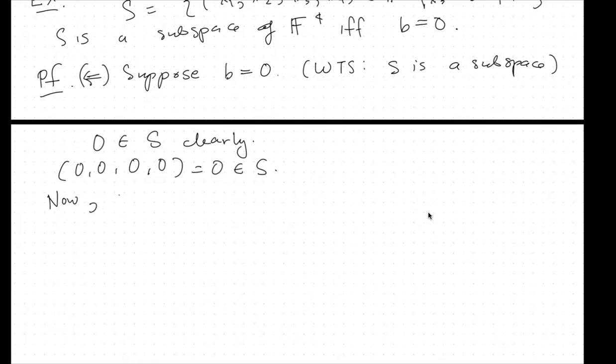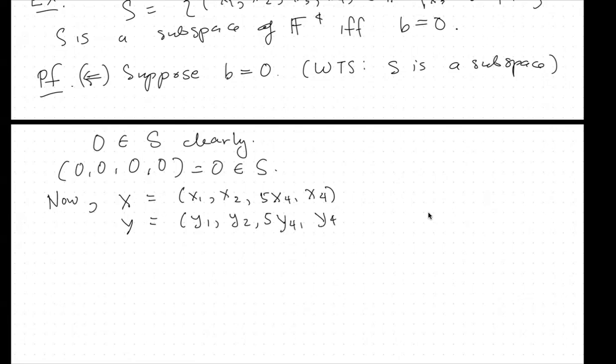Now we want to show the second condition. So suppose that x and y are two elements of S. So we have x is, let's say, x1, x2, and then x3, which is 5x4, and then x4, and then y1, y2, 5y4, and y4.